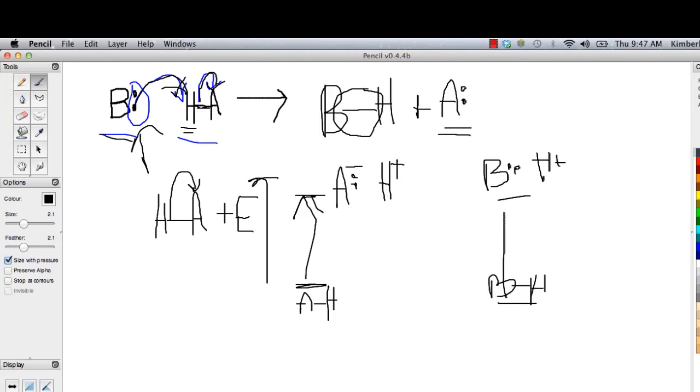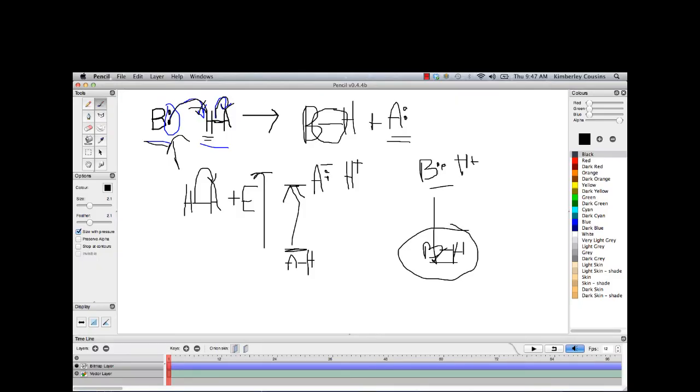This reaction will occur energetically if the amount of energy you get back from making the BH bond exceeds the amount of energy it takes to break the AH bond. So it takes energy to break a bond, you get energy back when you make a bond, and overall, if the net energy change is negative, that is, you get more energy out from making than you put in from breaking, then the reaction will proceed.